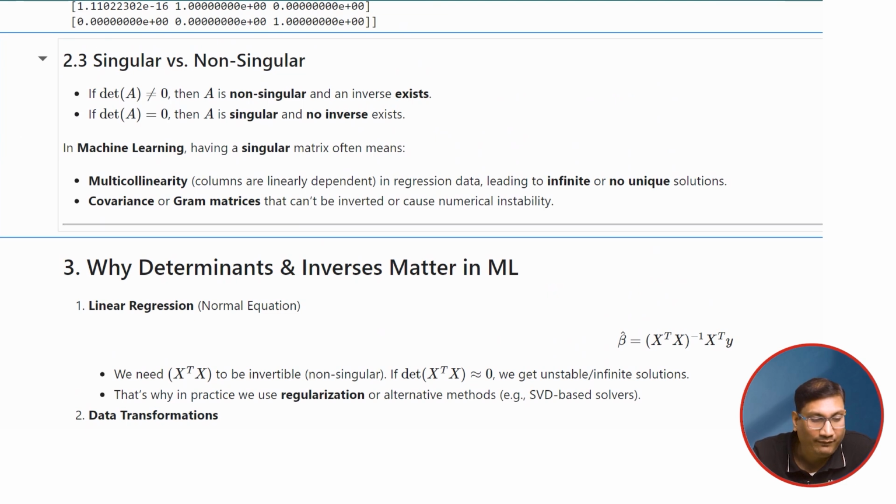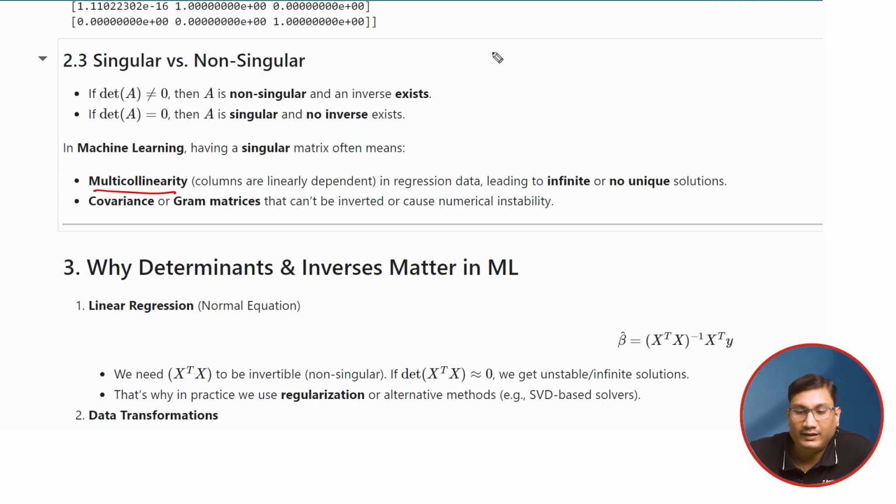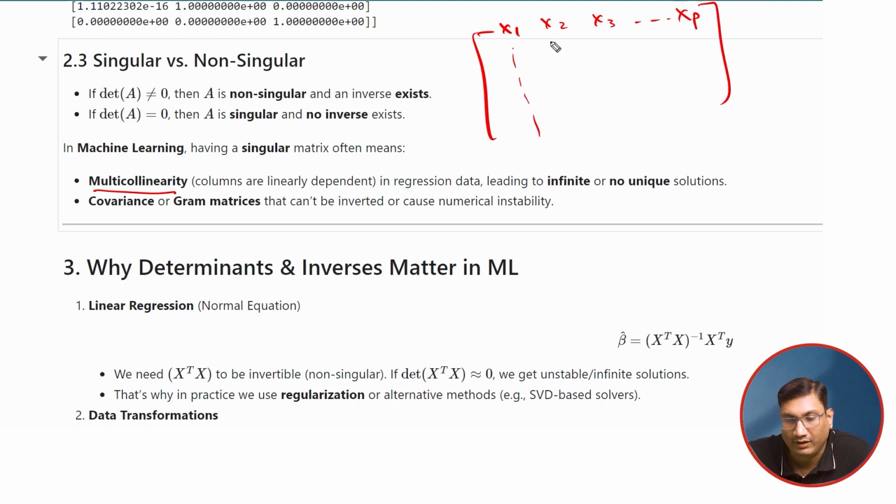If you have heard about the multicollinearity problem, multicollinearity means, let's say you have a data set with features x1, x2, x3 and so on, p number of features. Now each feature would be a column vector.